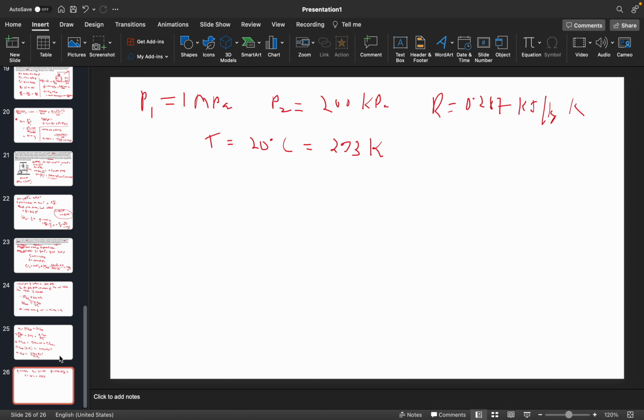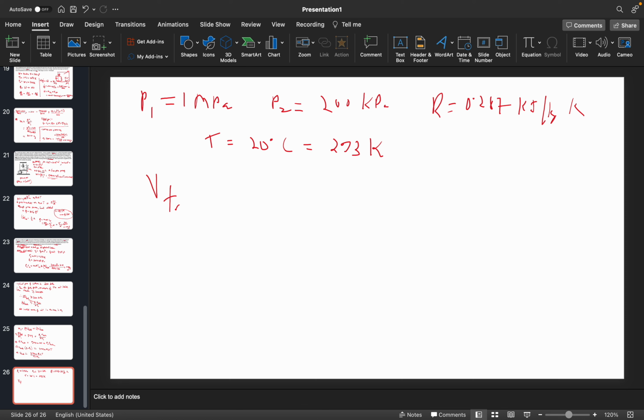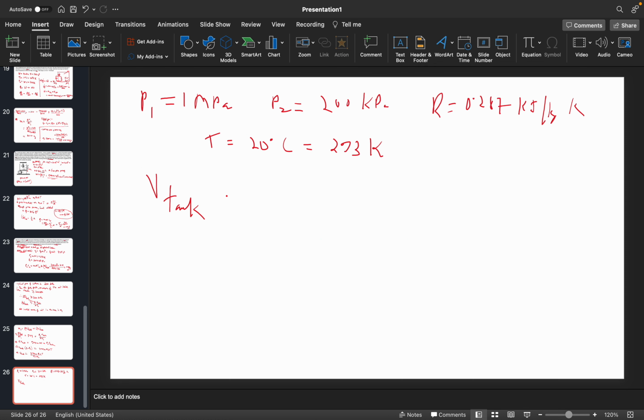Okay, so we'll put it here in this expression. V of tank will be equal to 9.94. I'm converting everything to joule per kg Kelvin, so it will be 287, R into T, T is 293, and P1 minus P2.